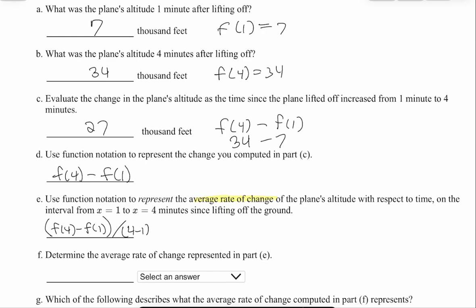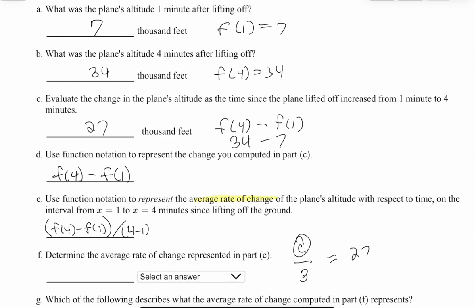Okay. Now, for F, you're going to actually do that calculation, but you've already got the numbers. It's what I got in C divided by the change 4 minus 1. So it's my answer to C divided by 3 for me. So it's the change in the altitude over the change in the time.